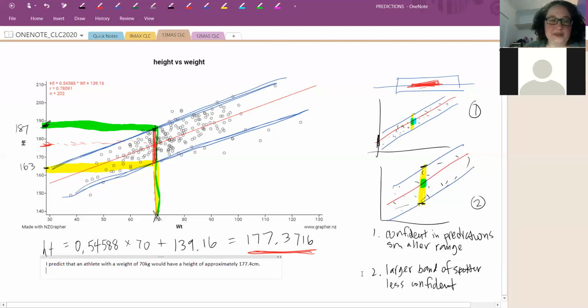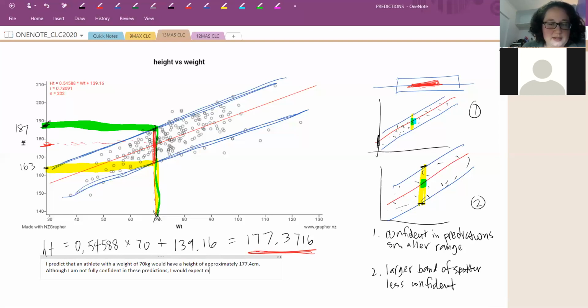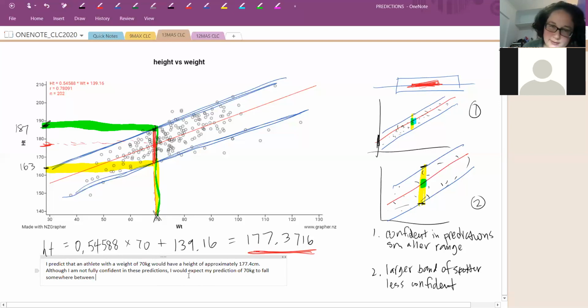We can now say, although I am not fully confident in these predictions, I would expect my prediction of 70 kg to fall somewhere between 163 centimeters and 187 centimeters.